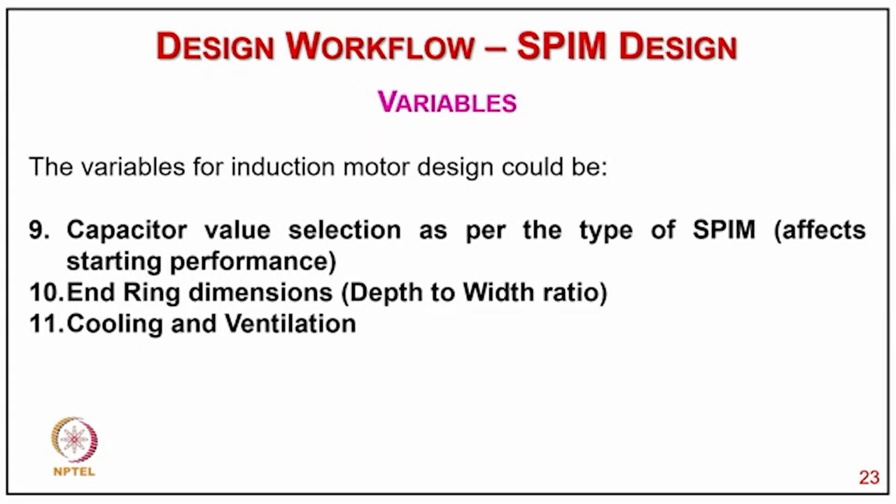Then the capacitor value selection as per the type of single phase induction motor, which affects the starting performance, then the depth to width ratio, and cooling and ventilation. So these are some of the variables which can be considered.